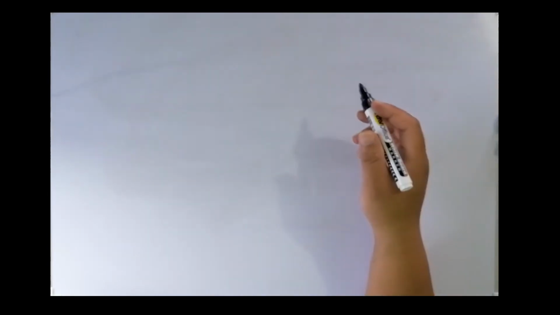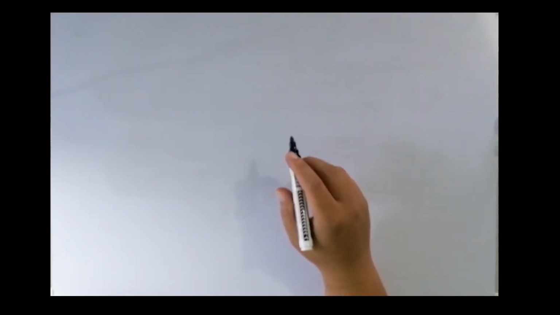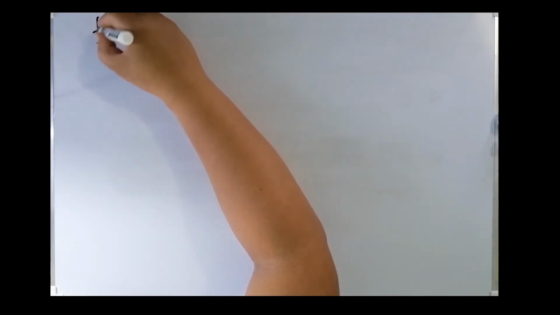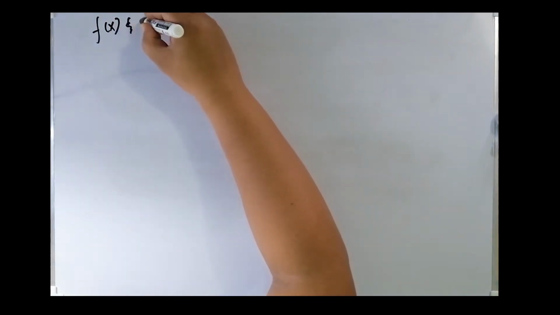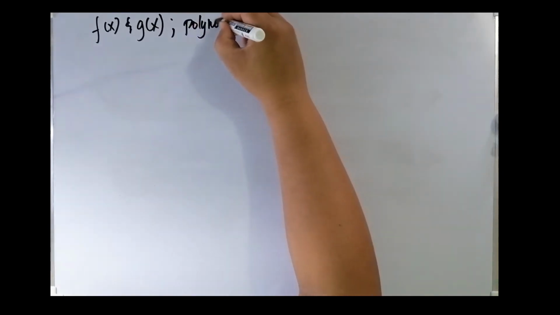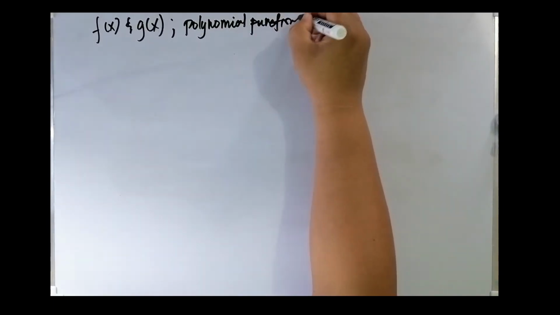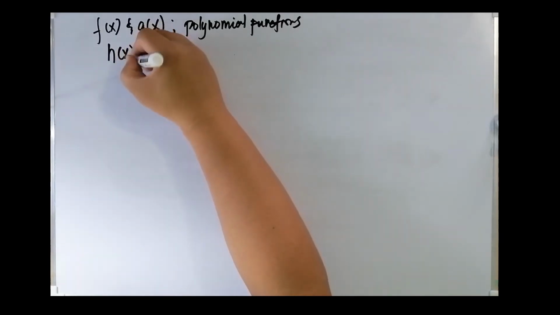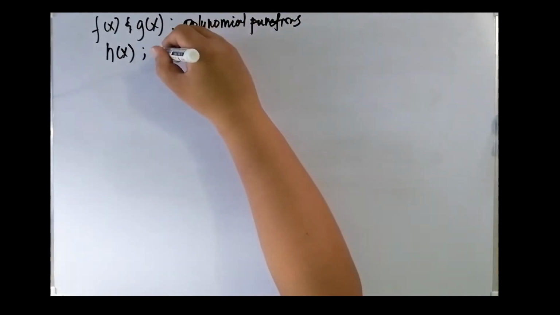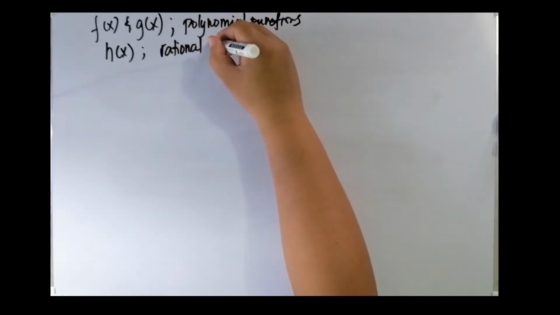So class, sa pag-evaluate ng limit ng ating polynomial at rational functions, merong dalawang theorems para mapadali ang ating pag-compute ng limits. So the first is, we let f of x and g of x be polynomial functions. We have h of x is a rational function.